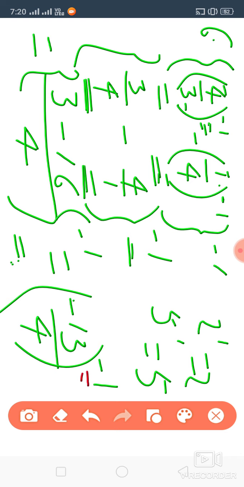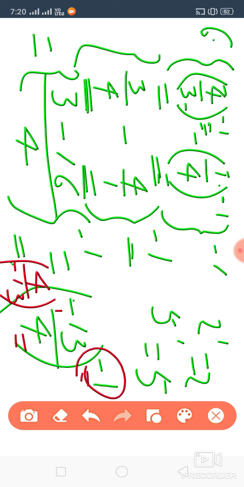So overall how much will it become? 4 by minus 13 to the power 1. From minus it will become plus. So (−13/4)^-1 will become (4/−13)^1. That is the same number only. Power 1 means same only. So 4 by minus 13 we can write as minus 4 by 13. Okay. So I hope it is clear to you.